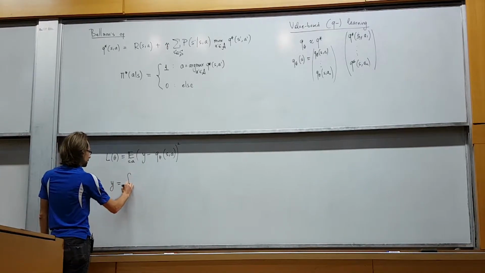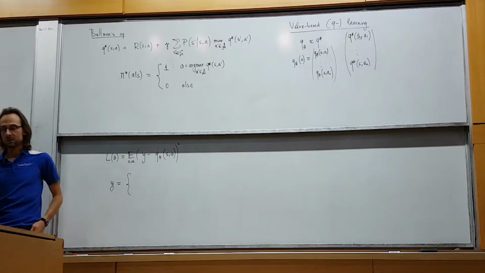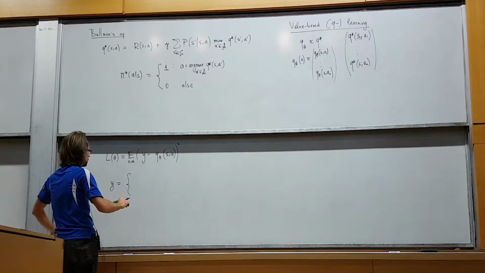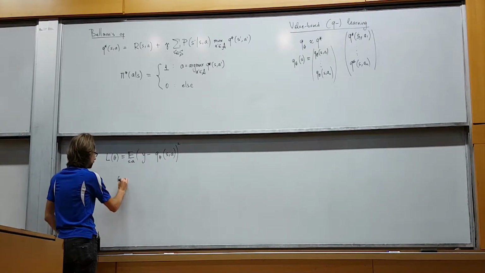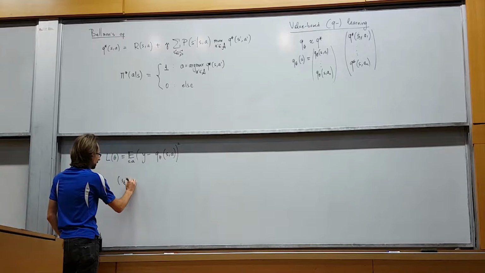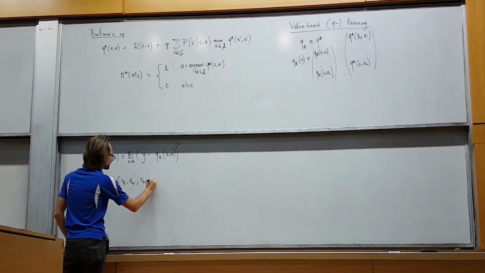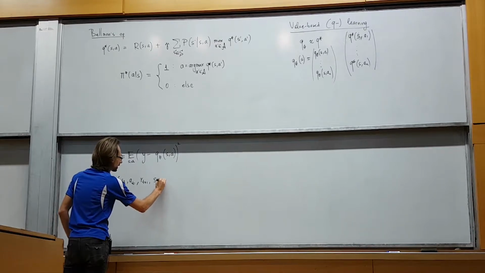So let's distinguish between two cases. Remember we had this notation of terminal and non-terminal states. I basically have what I call experiences. I have these collections of current state, action, reward that I received, and the next state.